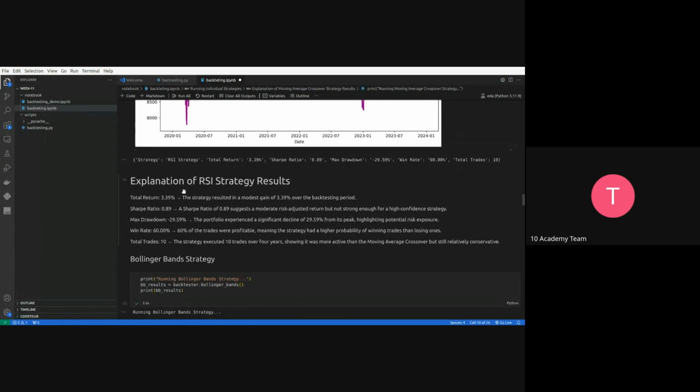The total return, as we said earlier, shows us the gain or loss. If it's more than one, it's generally a gain, but the value will indicate how the gain is translated. Sharpe ratio is the same. I think maximum drawdown is 29%.